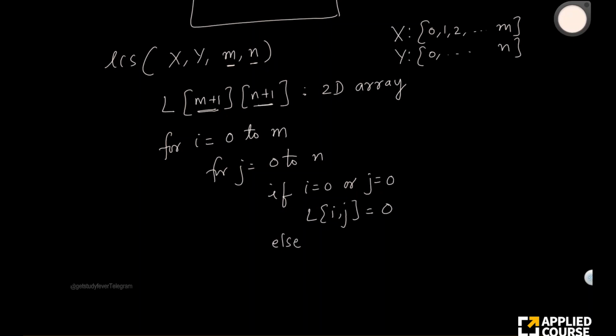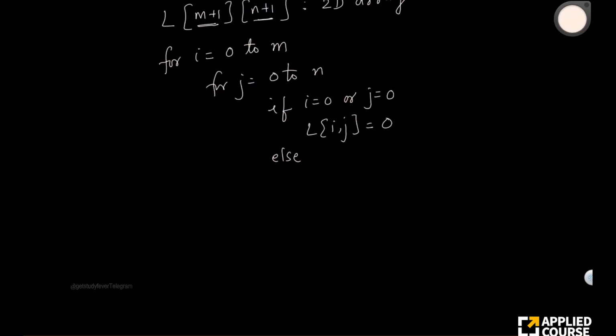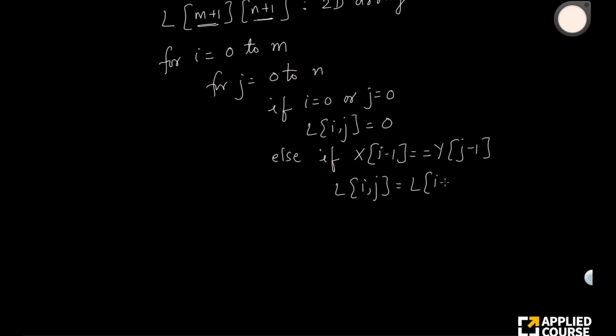Else, if x[i-1] is equal to y[j-1], then L[i][j] is equal to L[i-1][j-1] plus 1. This is the last character match case, right?